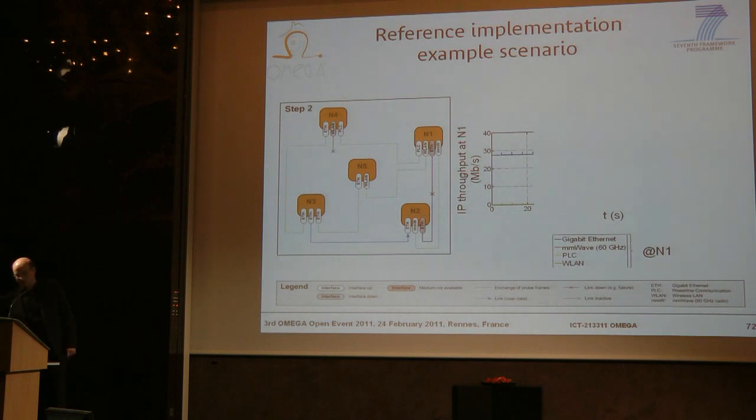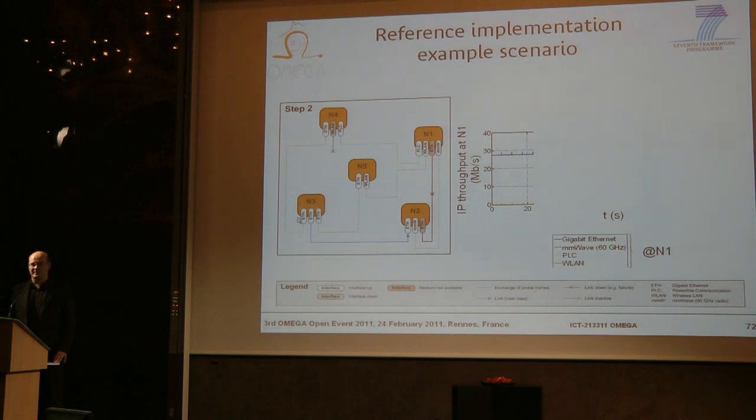So now, just think that you detach the Ethernet cable, or the link breaks due to any other reason. A new path has to be established between N2 and N1. Actually, it has to be established between N3 and N1.